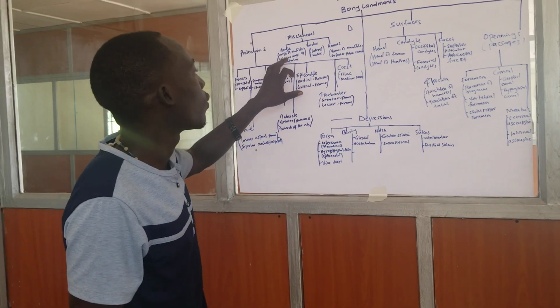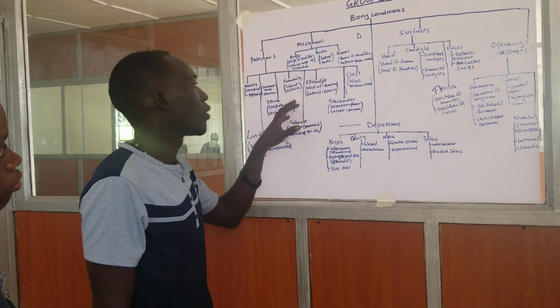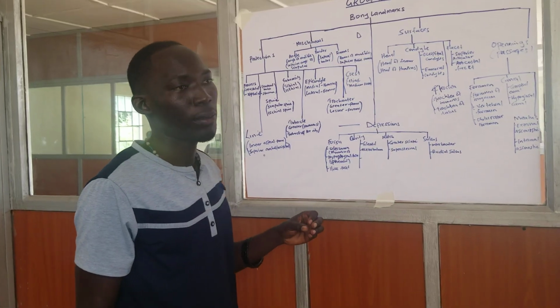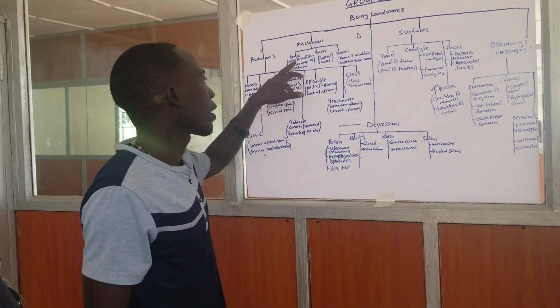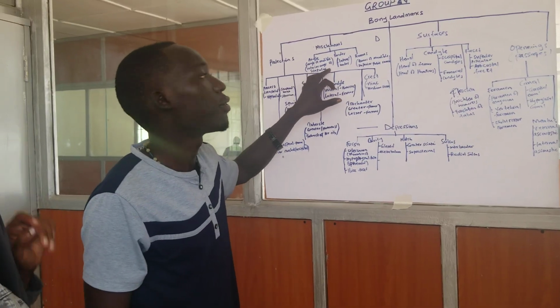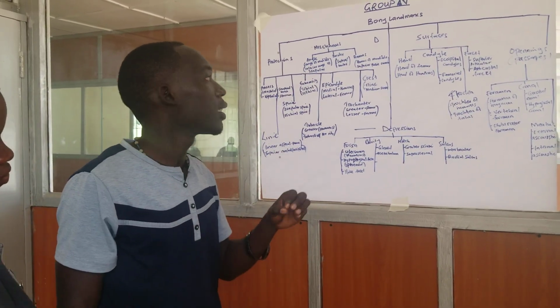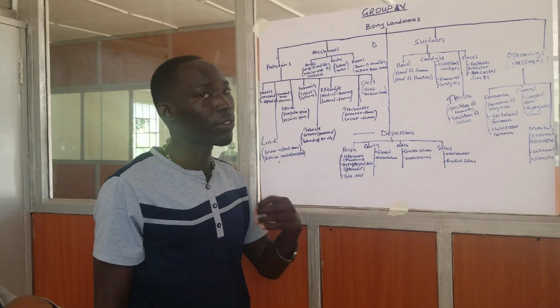One of them is the angle of the mandible, and then the inferior angle of the scapula. It's not the exterior but the inferior.